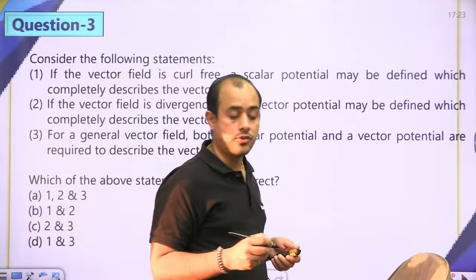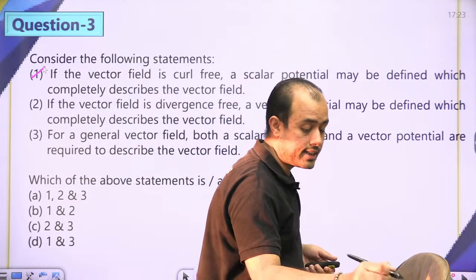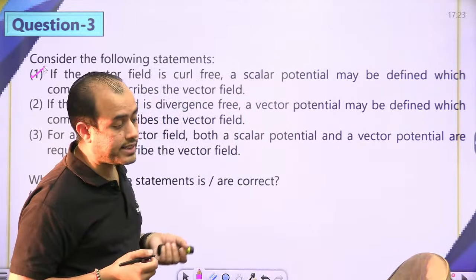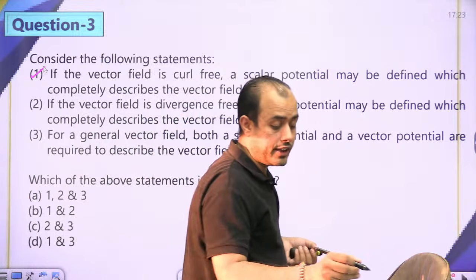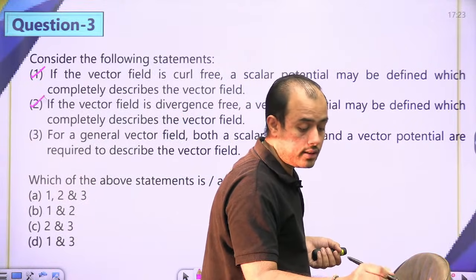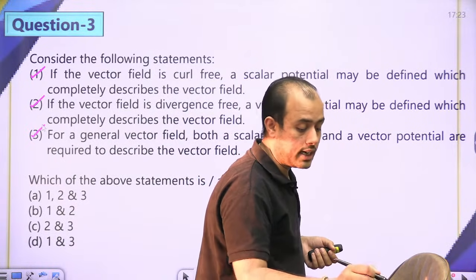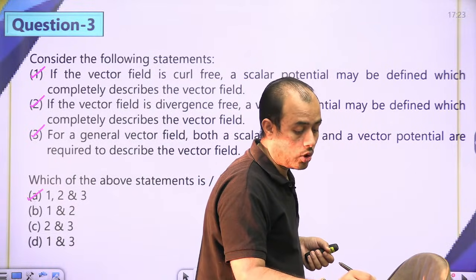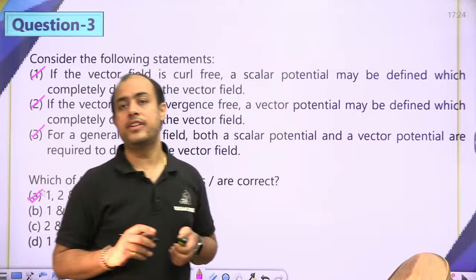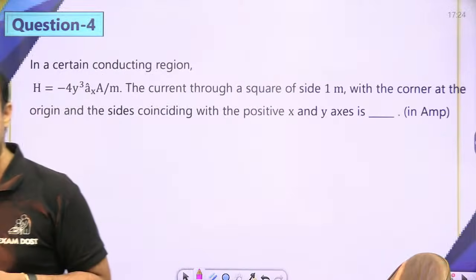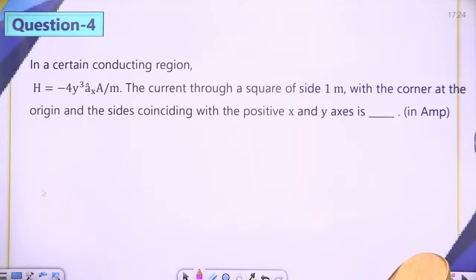Yes, that is what happens in electrostatics. If divergence free solenoidal, we can define a vector potential. For a general vector field, you need both the potentials. तो all are correct. एक जनरल वेक्टर फील्ड के लिए स्केलार और वेक्टर दो पोटेंशियल डिफाइन किए जाएंगे.